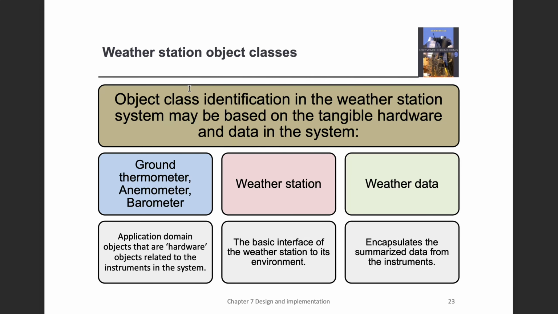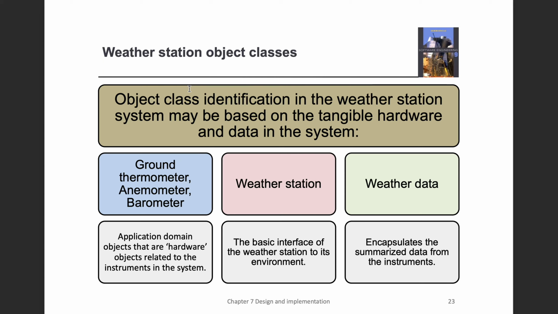Now we look at weather station object classification. Now that we have explained exactly what the weather station is doing, we are going to identify the object classes in that particular system. We have the ground thermometer, the anemometer, and the barometer, and then we have the weather station itself, and the weather data.